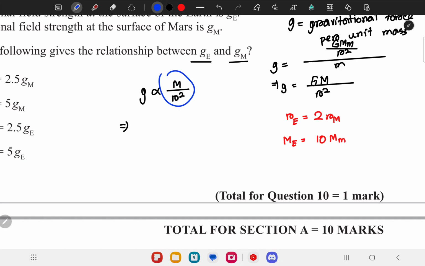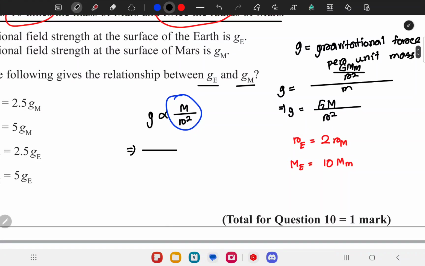The ratio M by r squared for both Earth and Mars should be the same. Sorry. It wouldn't be the same. We can work easier with this.